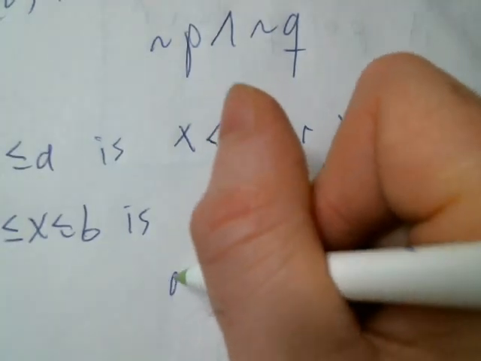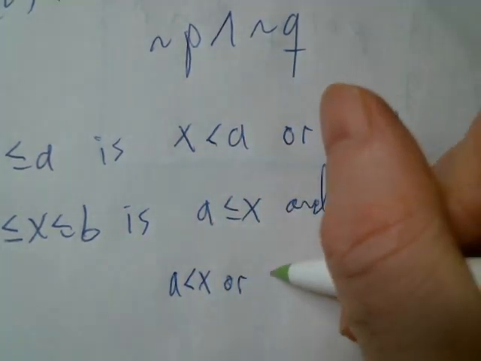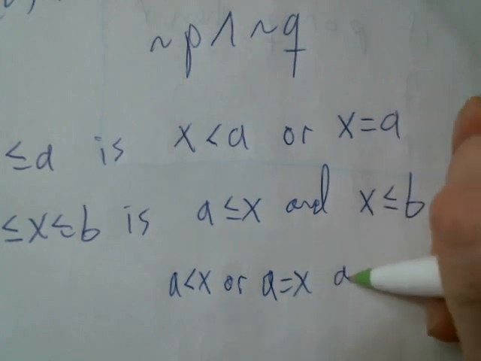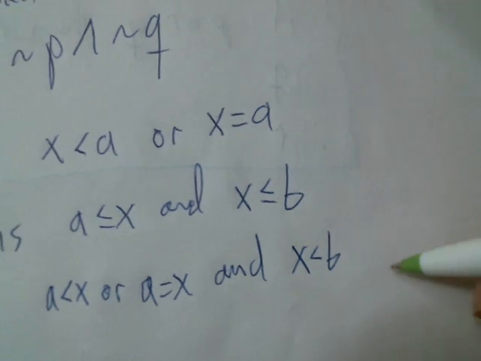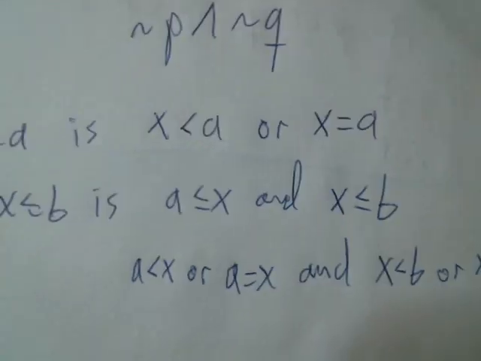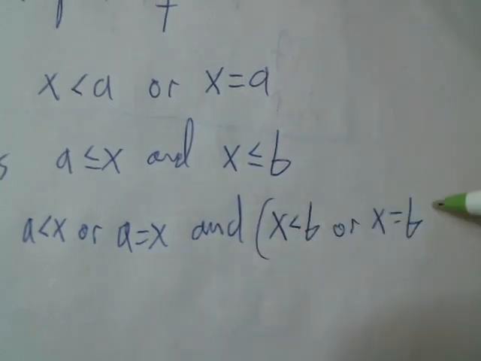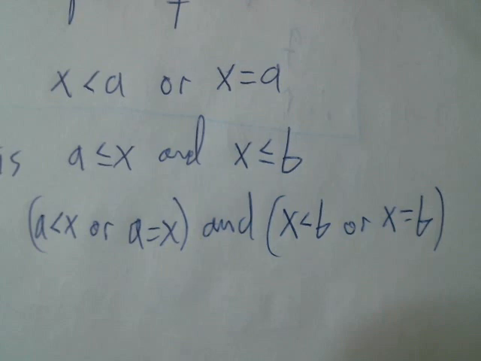So this would be the same as a less than x, or a equal to x, and x less than b, or x equal to b. And then to indicate a sort of order of operations, you would probably want to use parentheses on those.